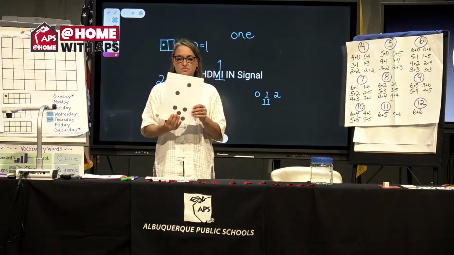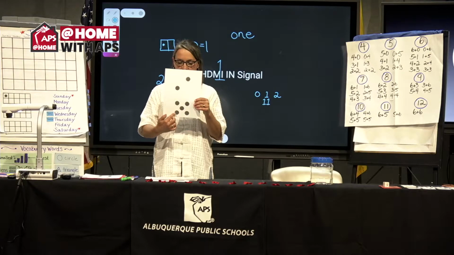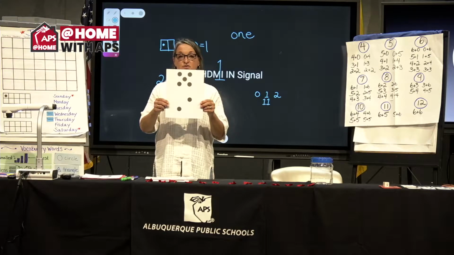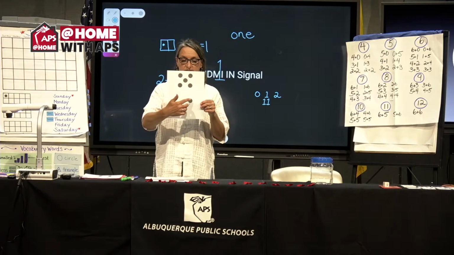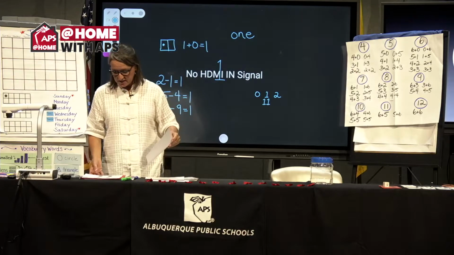If we start this way, we'd have to count 2, 3, 4, 5, 6, 7. But if we start with the 5 and you're a kid who counts on, then we only have to count on 2 more. 5, 6, 7, and that's a little faster or more efficient.